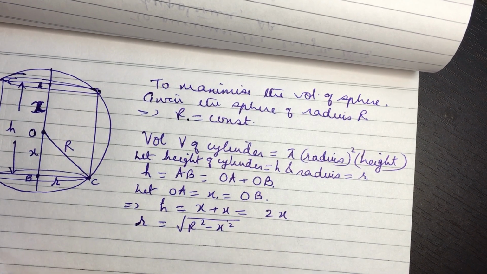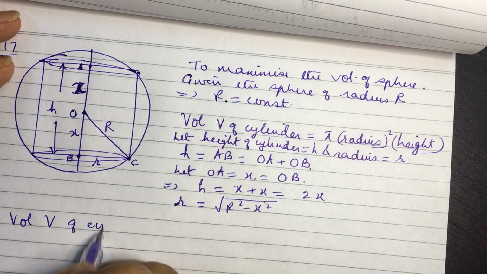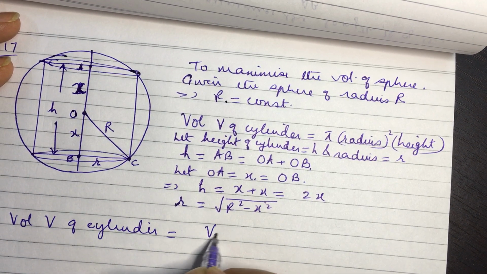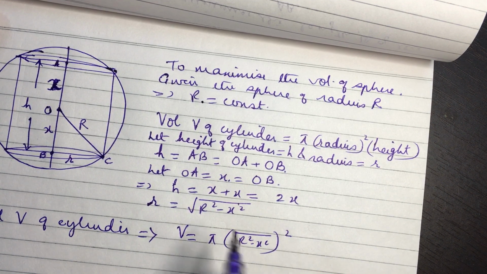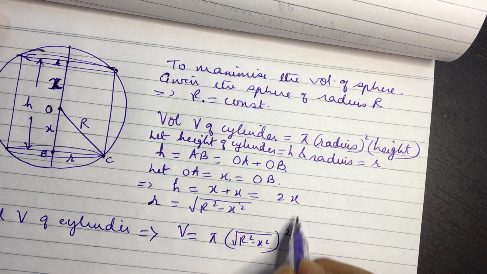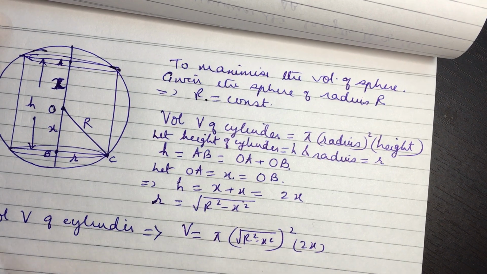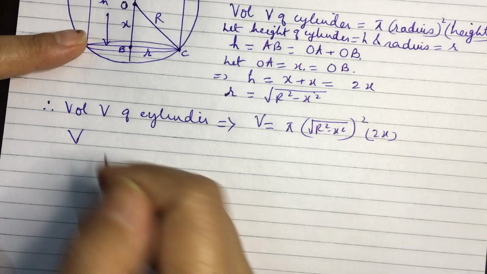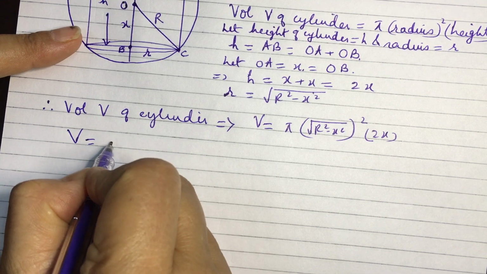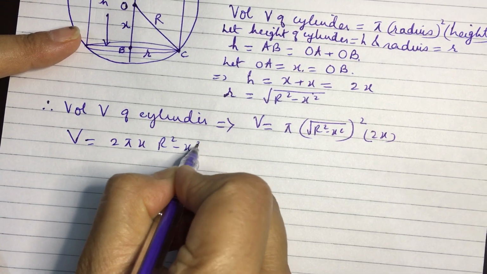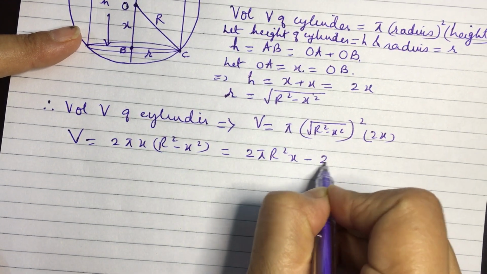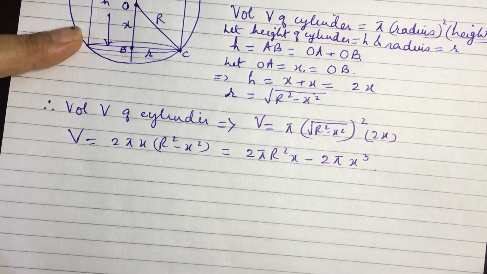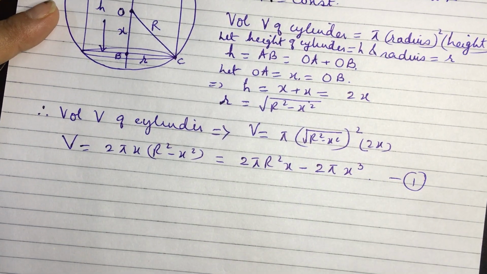Therefore volume V of cylinder is equal to pi into radius square, that is square root of r squared minus x squared whole square, into h. H is 2 into x. So we get the volume V as 2 pi x into r squared minus x squared, which can be written as 2 pi r squared x minus 2 pi x cube. Let's call it equation number 1.